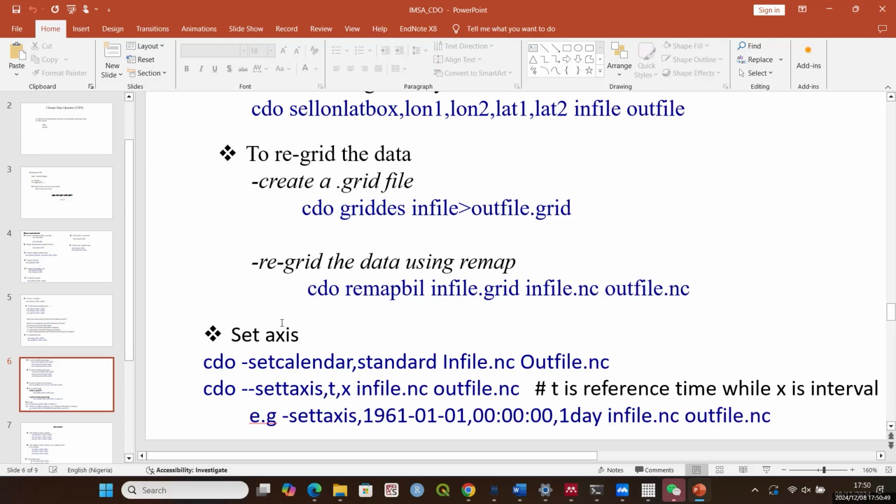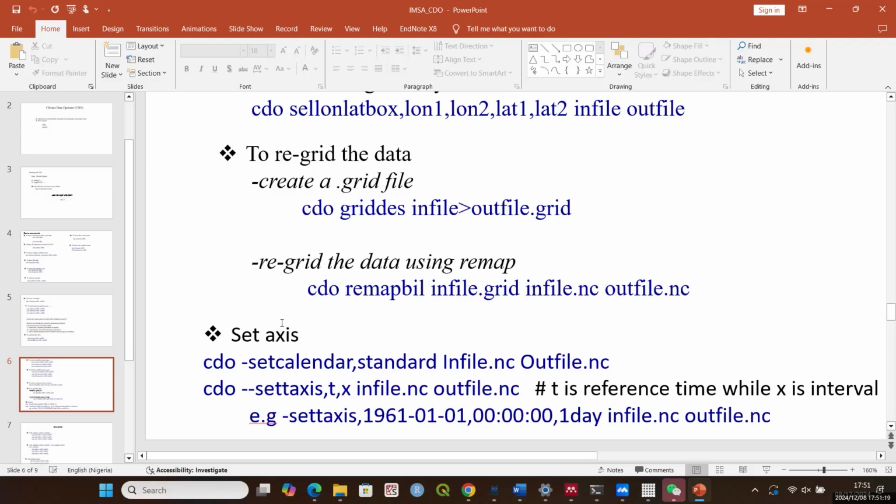If it is monthly, we just put month here. If it is days, just like this, you put days. Then your input file, then output file. So in case you find a situation where your data doesn't have time change or time axis, you can input the time axis like this.